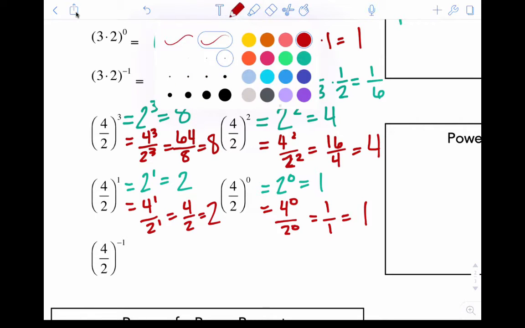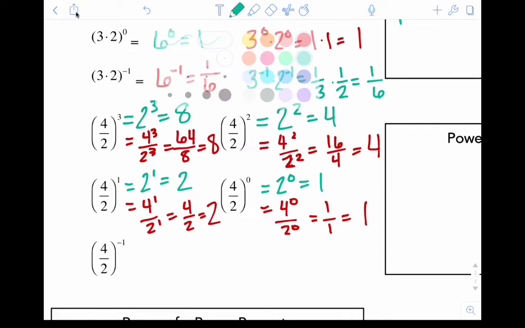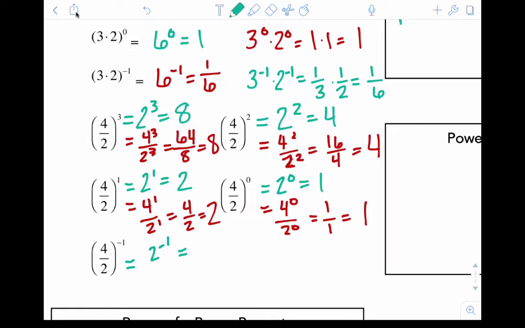It is still working. And then my last one. So this one might be a little different since we are going to be working with inverses. So I have 4 over 2, which is 2. And I'm going to take that to the negative first. So I'm going to take the inverse of it, and then that exponent becomes positive, so I get 1/2.